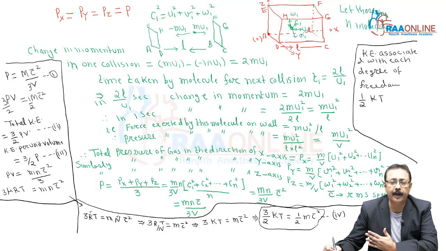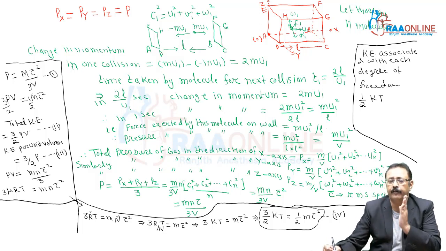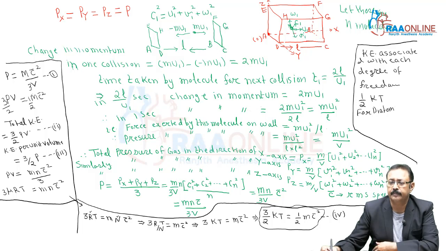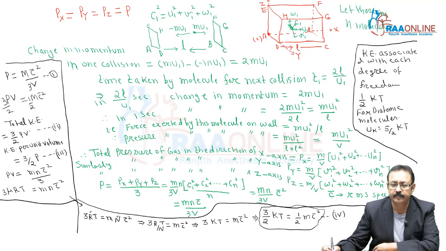Since diatomic molecules have 5 degrees of freedom, for diatomic molecules the total kinetic energy is equal to 5 upon 2 kT because they have 5 degrees of freedom.